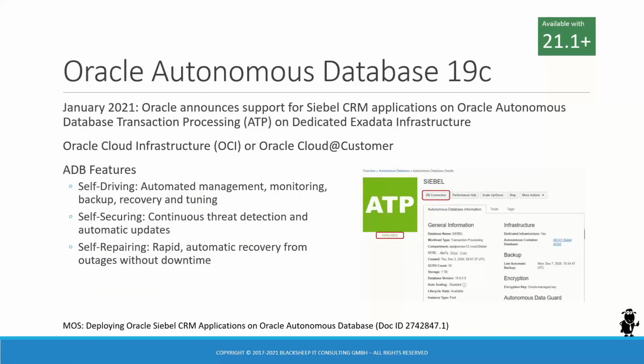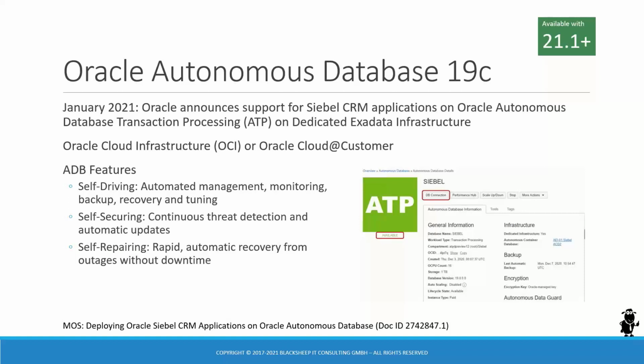So the one thing that might be exciting for some people who run very heavy workloads, join in the chat if this is a topic that you're interested in. Oracle has announced this in the statement of directions for quite some time and on Oracle support. And now with 21.1, it's official that you can run Siebel on what is officially named the Oracle Autonomous Database Transaction Processing on Dedicated Exadata Infrastructure.